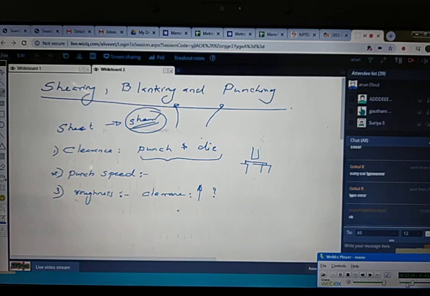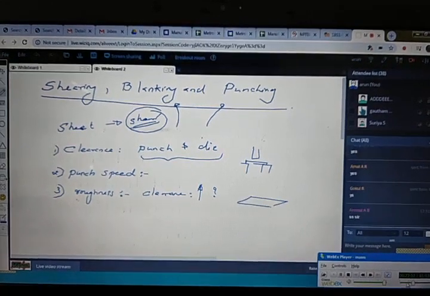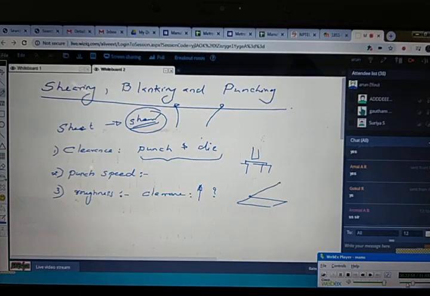So you might have noticed the paper cutting machine in your photostat shops. You can see that there exists a punch as well as a die. That lever is the punch, and the paper is kept in between the punch and the die.